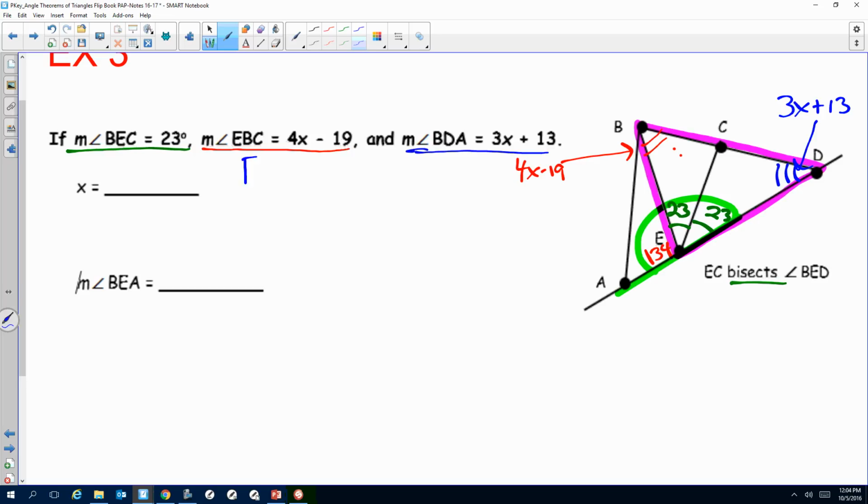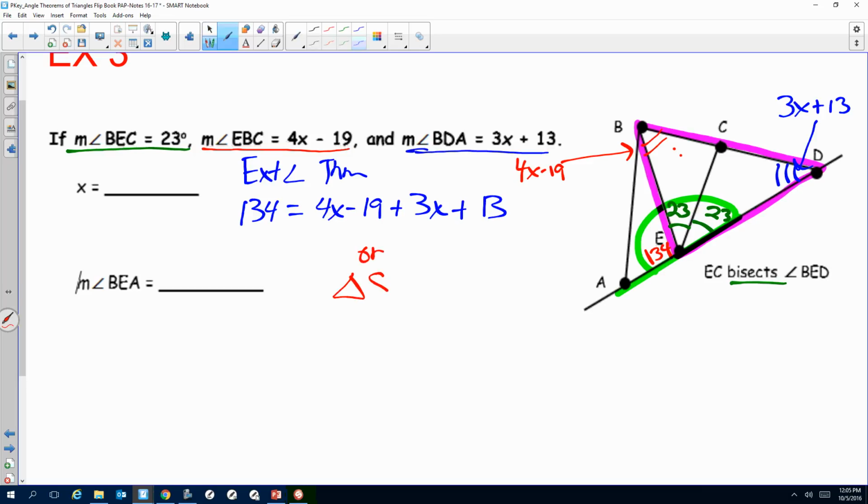So I can either use the exterior angle theorem, which means 134 equals 4x minus 19 plus 3x plus 13. Or I could do the triangle sum, which means the triangle sum equals 180.